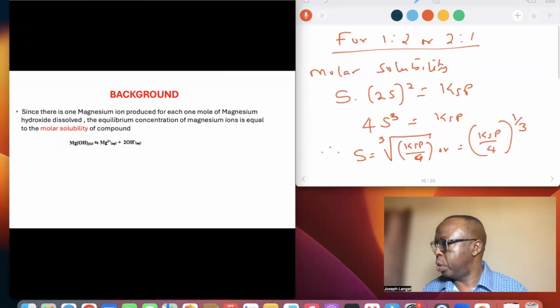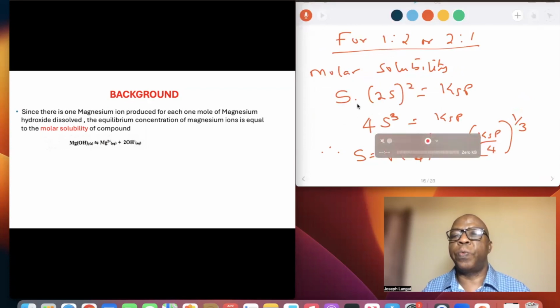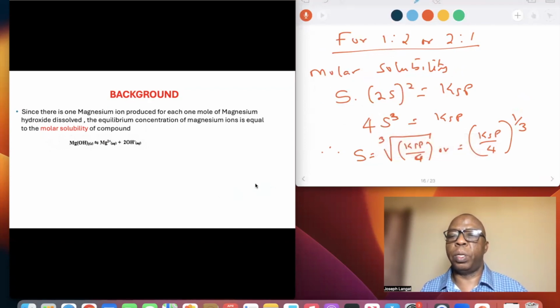For 2 to 1 or 1 to 2, if you know the Ksp and you're asked to find the molar solubility, it is just Ksp divided by 4, and then take the cube root. Ksp equals 4s squared times s, so 4s cubed. The same applies for 1 to 2, and our iodide will work is also in 1 to 2.